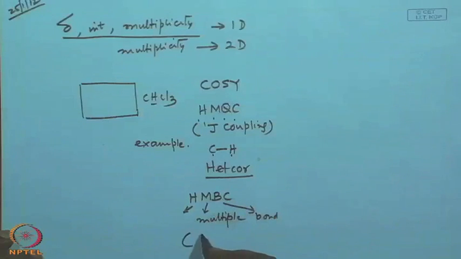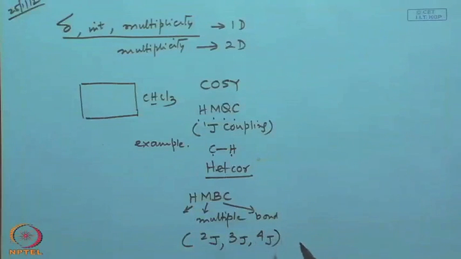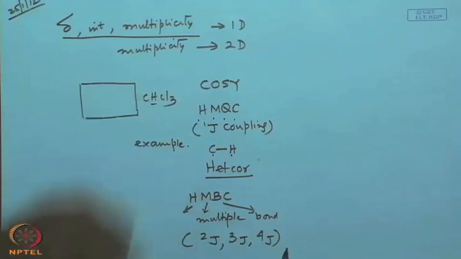Normally this refers to 2J, meaning 1J is skipped, that is important. Direct coupling is avoided, then 3J and very rarely 4J. Actually, I have come across 4J just once upon a time. So, these are the techniques.